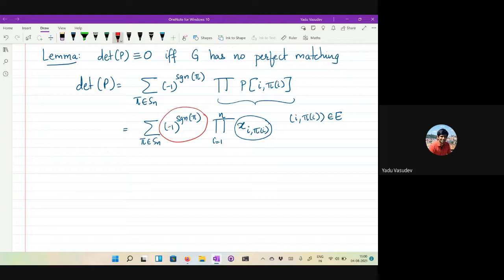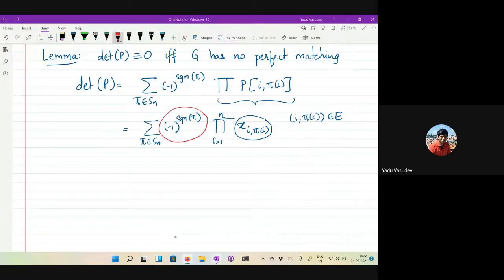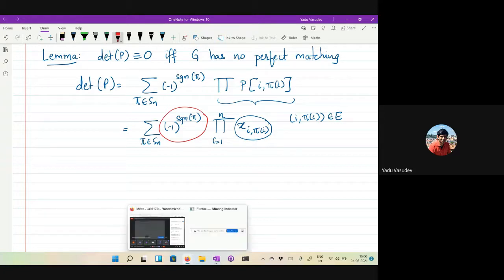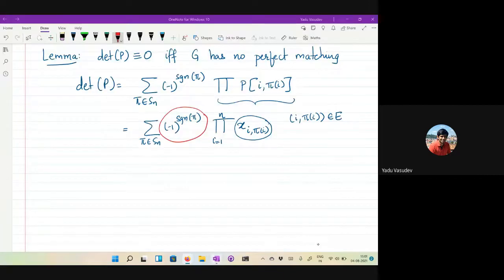Because some of the terms are positive, some of the terms are negative. Can there be cancellations? Is that possible? Maybe there are some monomials, but is it possible that G has a perfect matching, but the determinant of P is identically 0 because some of these monomials cancel off? Why won't that happen? Can someone tell me? Or do you think that is possible?